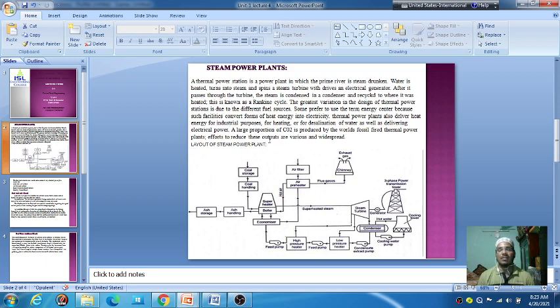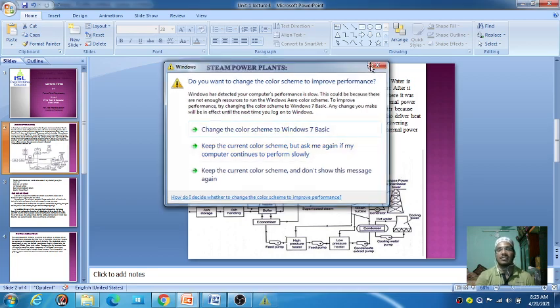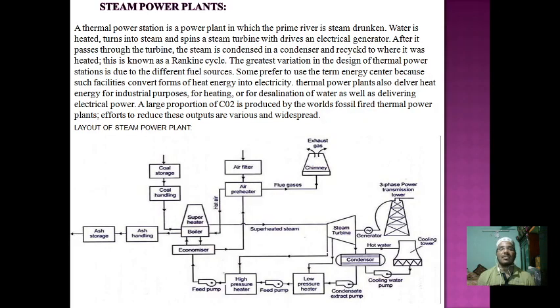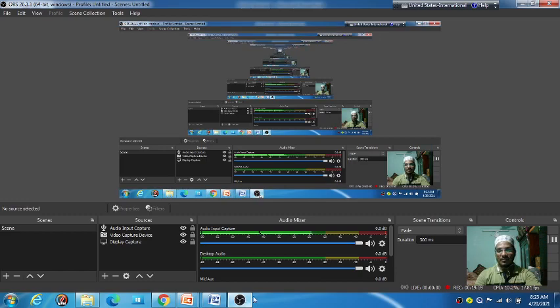With the help of the Rankine cycle we can see how we are generating steam power or energy. Okay, we already saw this cycle just now. We will discuss this in the next section. Okay, thank you very much.